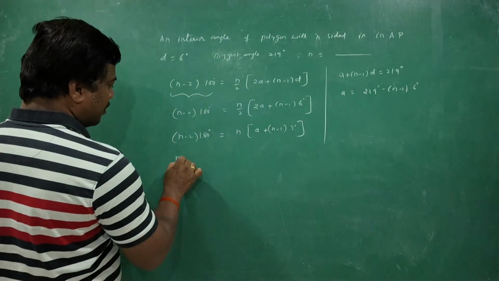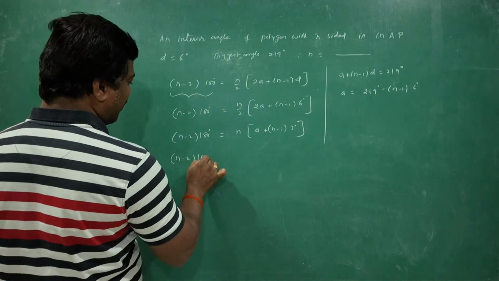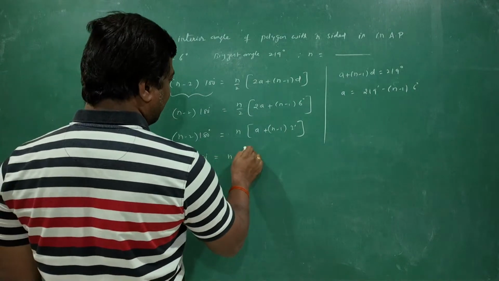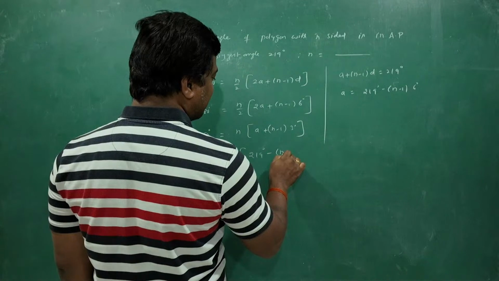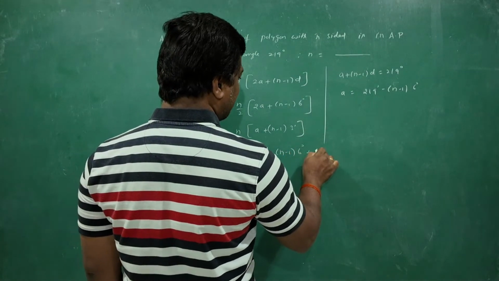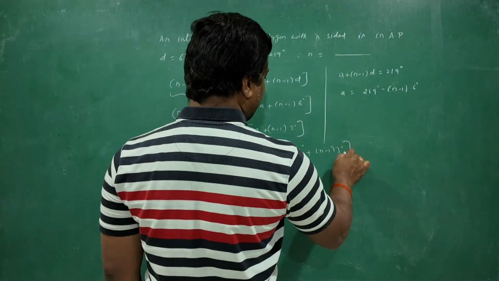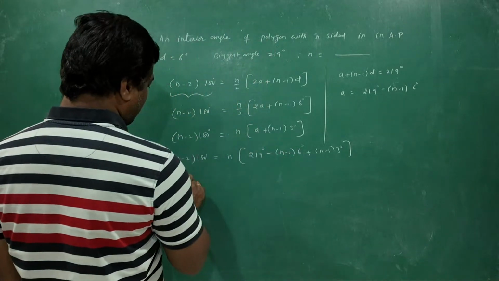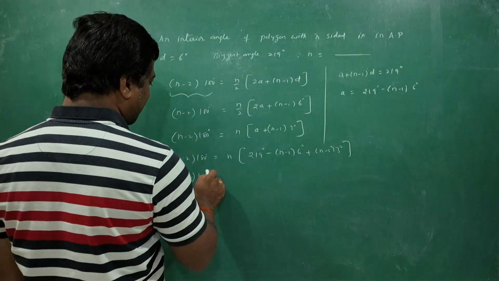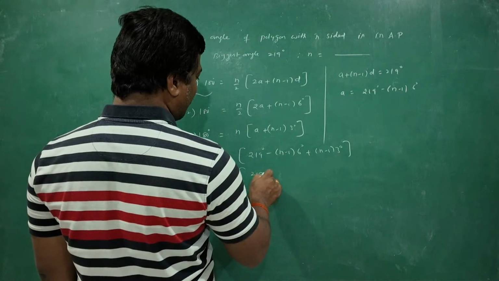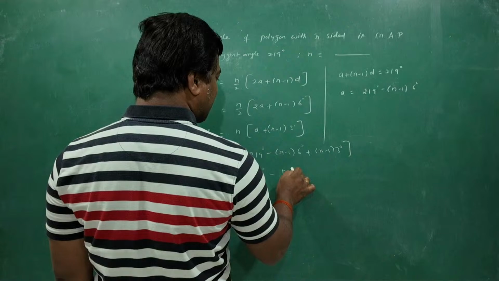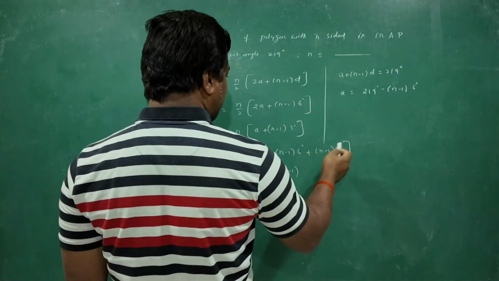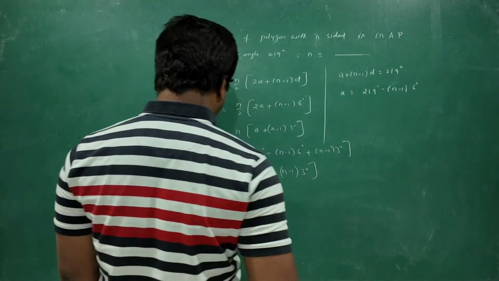Substitute this value of a: n minus 2 of 180 degrees equals n multiplied by a, where a is 219 degrees minus n minus 1 of 6 degrees, plus n minus 1 of 3 degrees. So n minus 2 of 180 degrees becomes n into 219 degrees minus n minus 1, taking common, 6 degrees minus 3 degrees becomes 3 degrees.